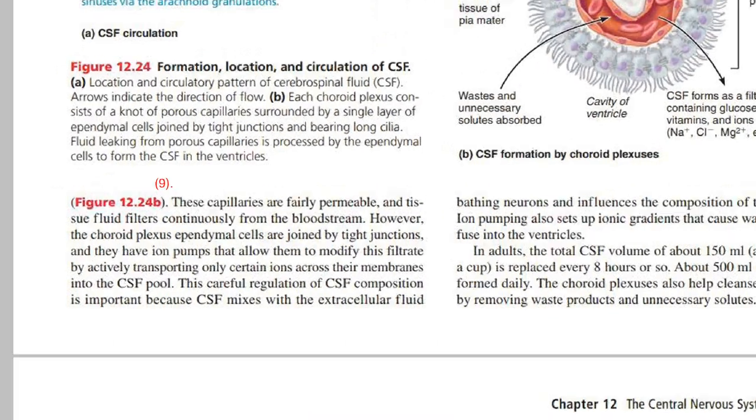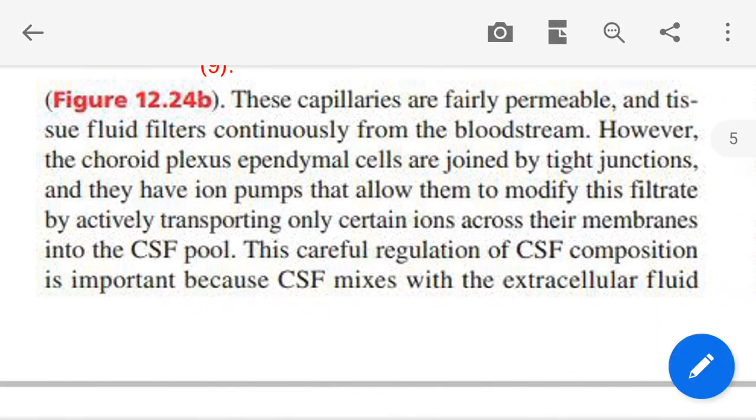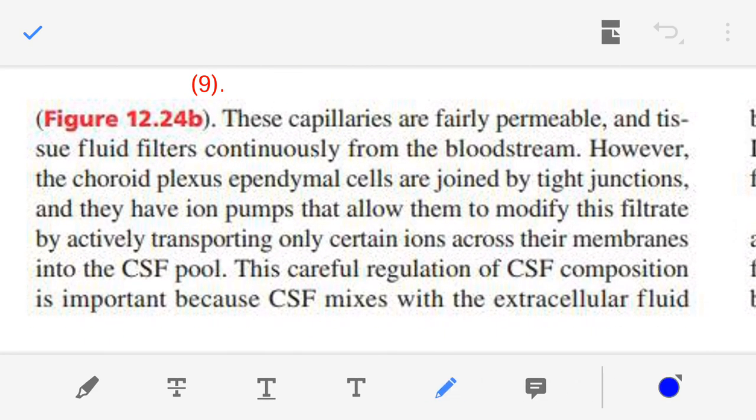Now the ninth point. So the capillaries that we have seen of choroid plexus are fairly permeable, and from this capillary tissue fluid filters continuously from the blood stream.